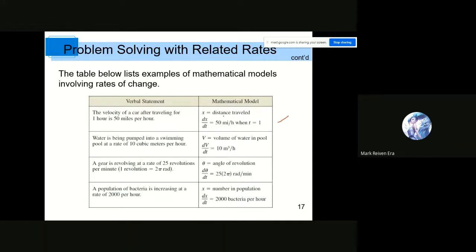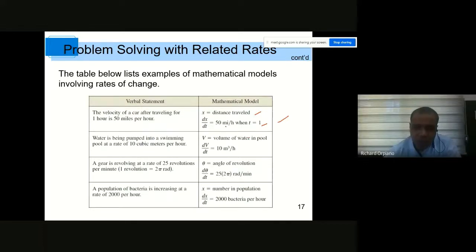The mathematical model is x is equal to distance traveled, then dx/dt is equal to 50 miles per hour when t is equal to 1. Okay, thank you. In this one, you use the variable x to represent the distance traveled, and dx/dt is equal to 50 miles per hour, when time is equal to 1.